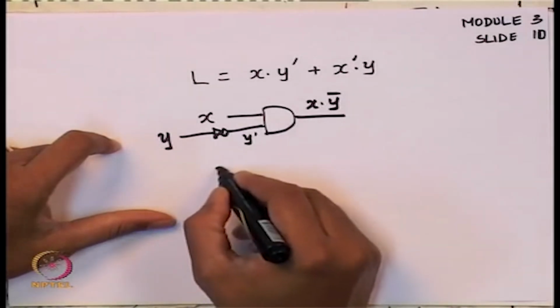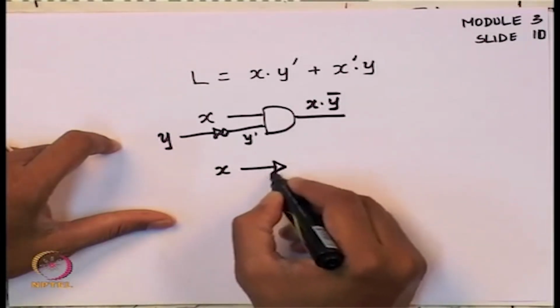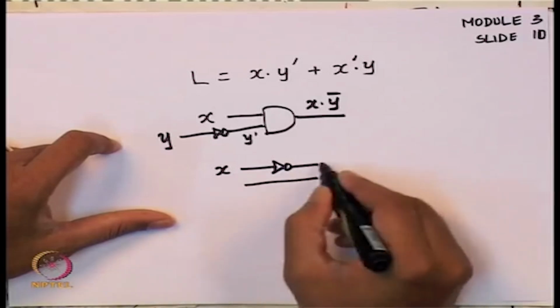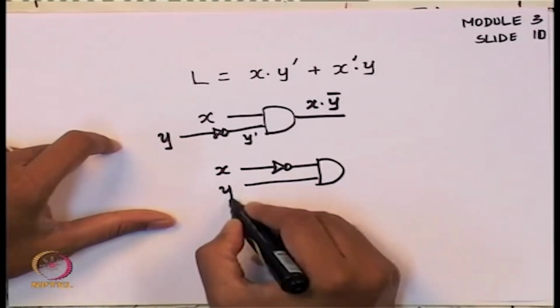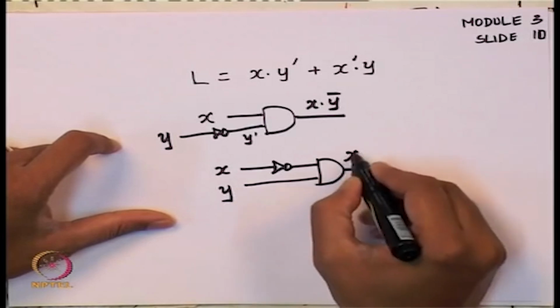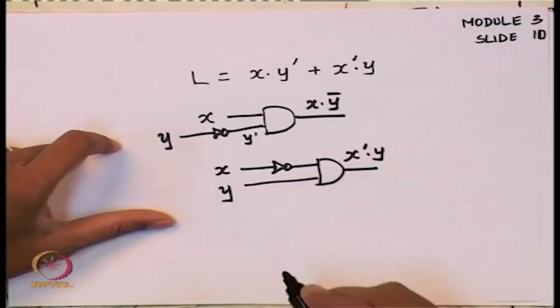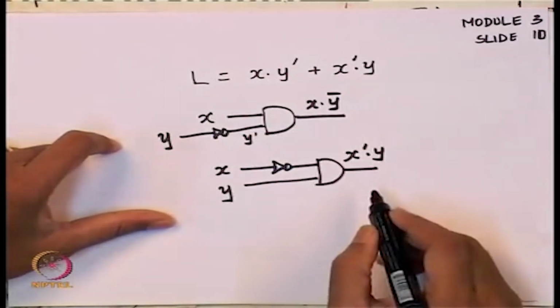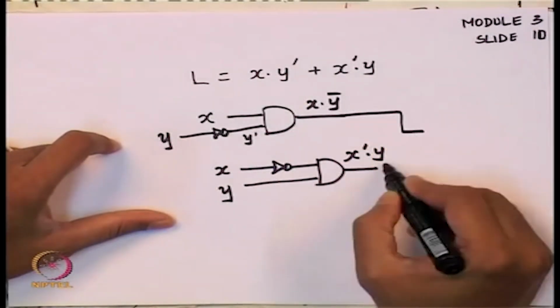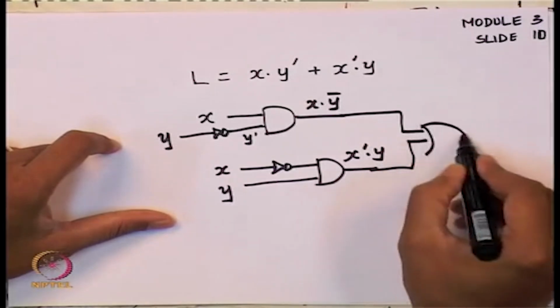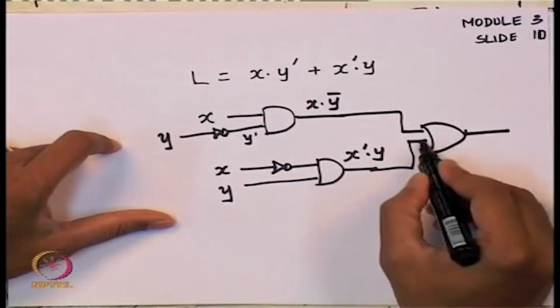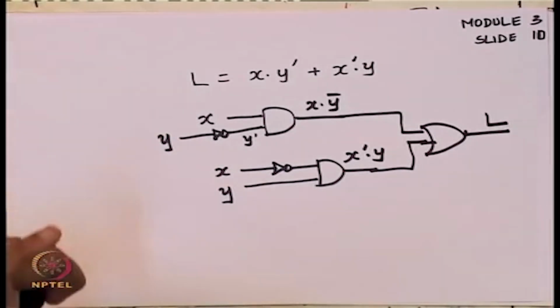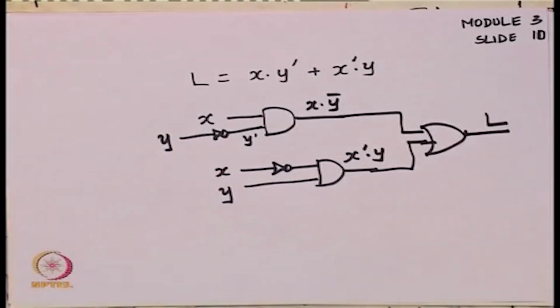Similarly, if I take X, take its complement and AND it with Y, this gives me X complement and Y. So this takes care of the two terms, but we still have this logical OR in between. I can do that by putting an OR gate here. So this is the circuit which can realize the functionality that we needed.